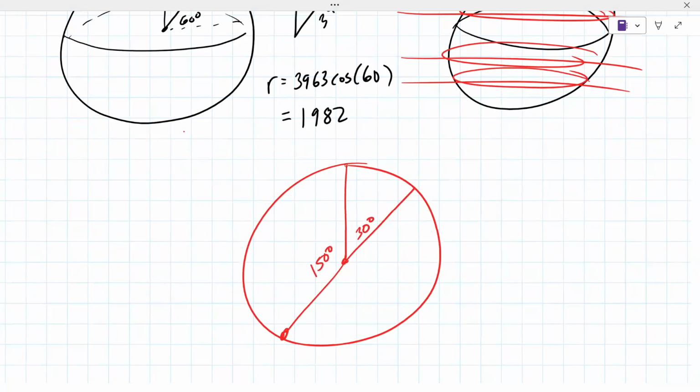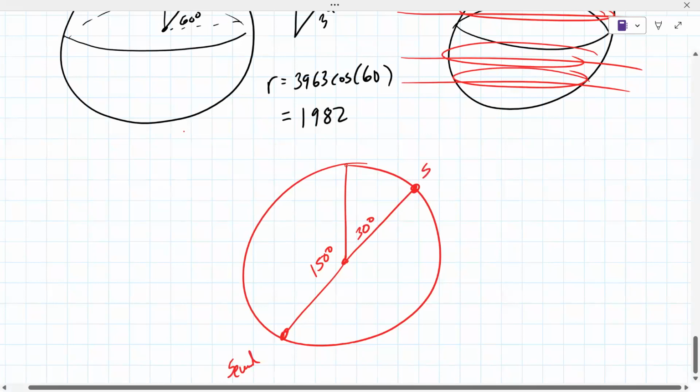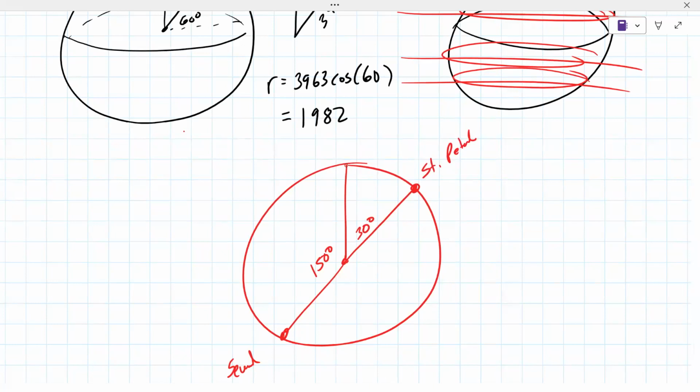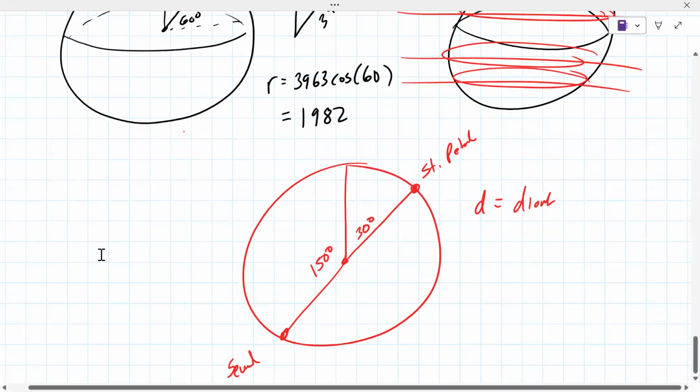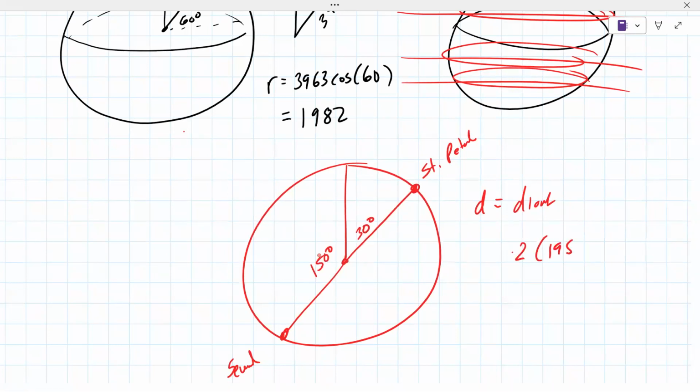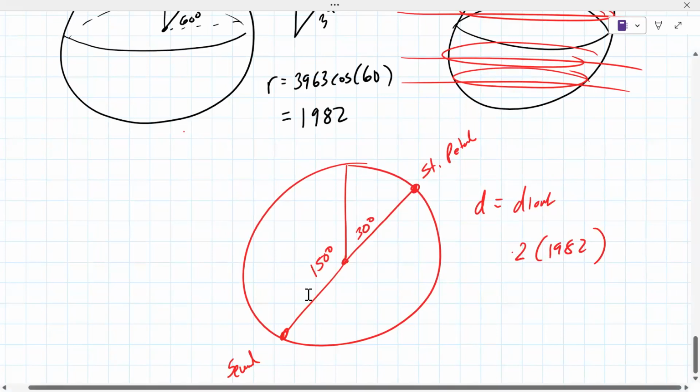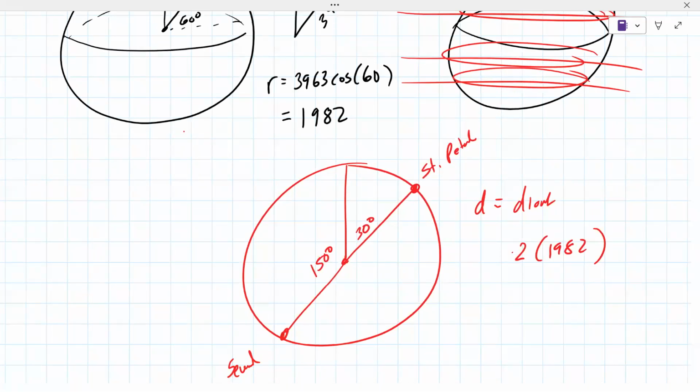Oh, that's nice. So this is Seward, Alaska. This is St. Petersburg, Russia. So the distance between them is the diameter because it's a perfect 180 degrees. So that's just 2 times the 1982. So that's thing one.